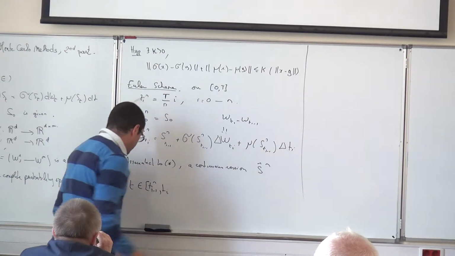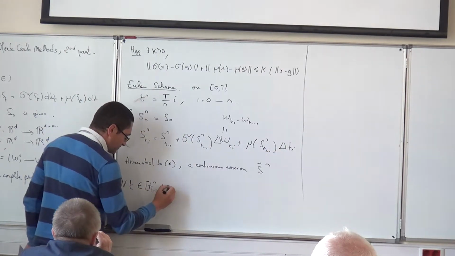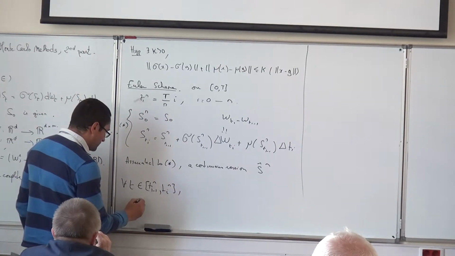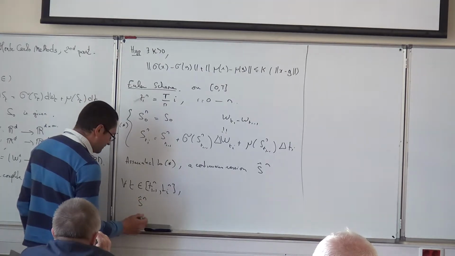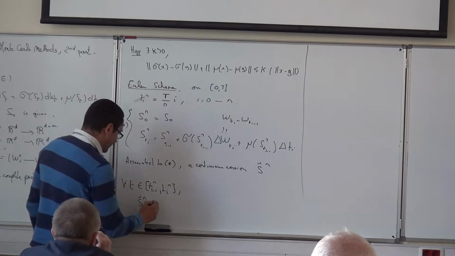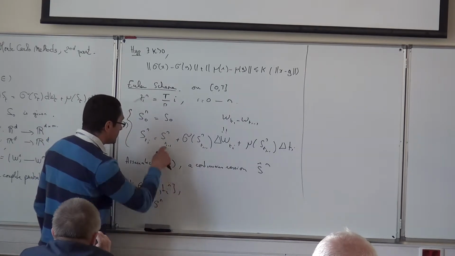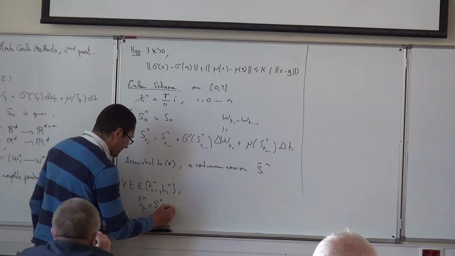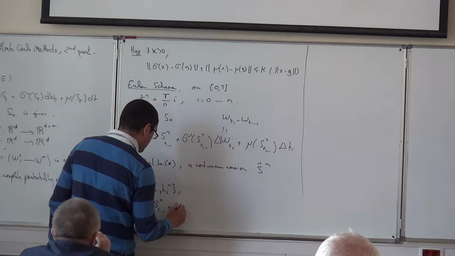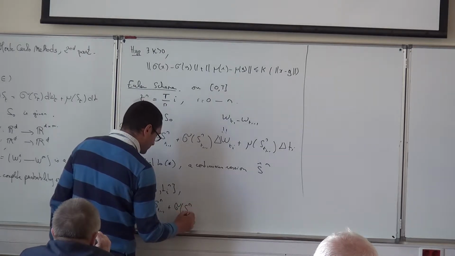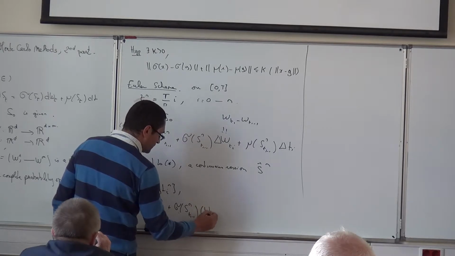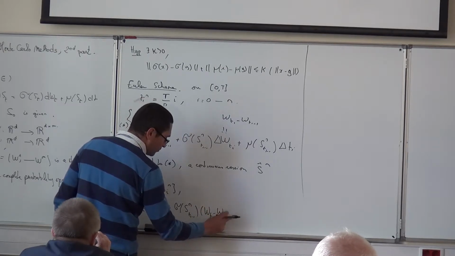Same for delta t_i. Here, for every t in this interval, we define S hat n_t as S^n_{t_{i-1}} plus sigma(S^n_{t_{i-1}}) times (W_t minus W_{t_{i-1}}), plus the drift term.